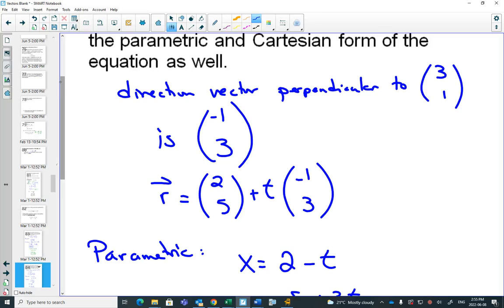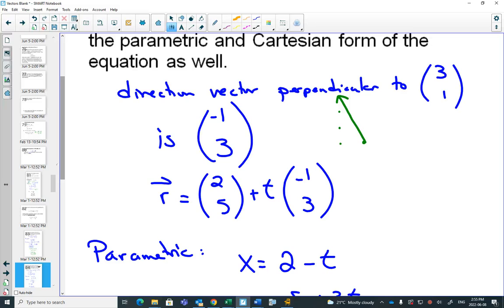So if I have a vector that's -1, 3, that would start here, go 1 back, and then up 3. That's that vector, and that one's going to be perpendicular to 3, 1.